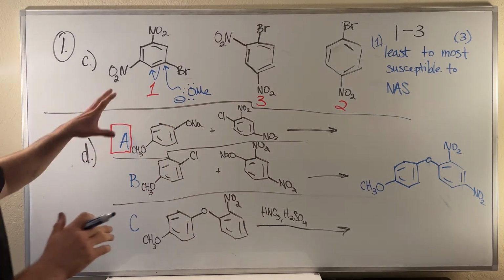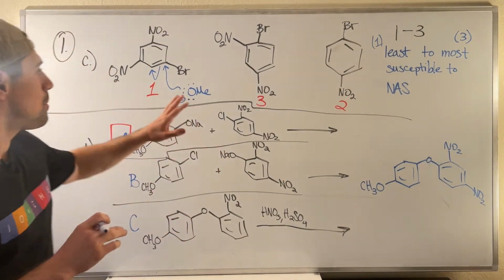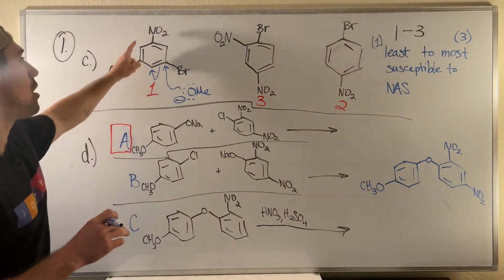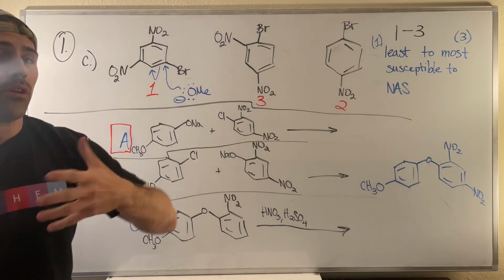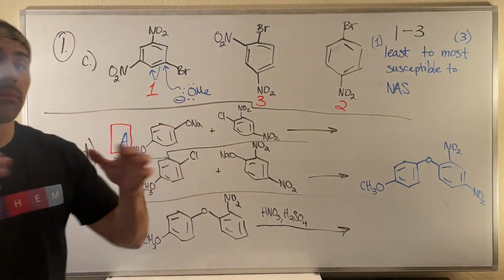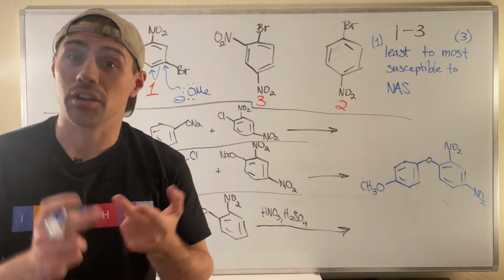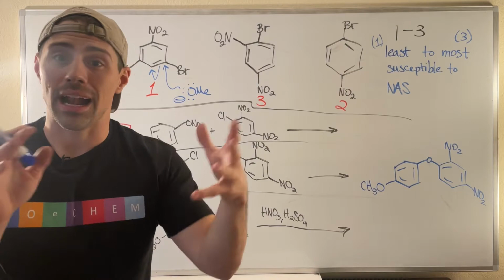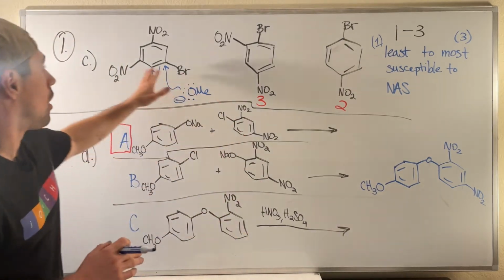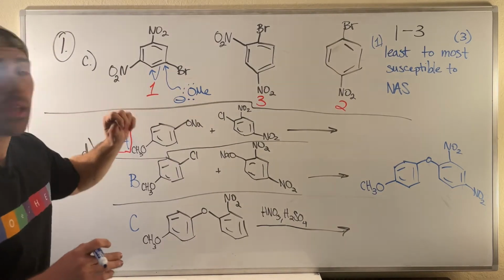And when you have substituents on an aromatic system like this, depending on what kind of substituents you have and whether they're withdrawing groups or whatnot, the negative charge could be more or less stable based on whether they're electron withdrawing or donating, as well as where they are at the ring. Are they ortho, meta, or para to the location where you're attacking?